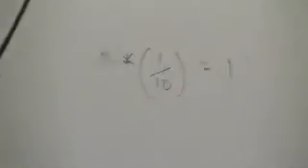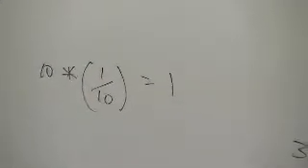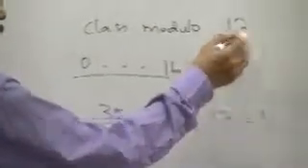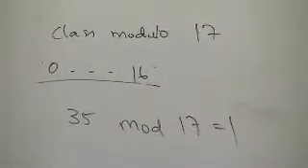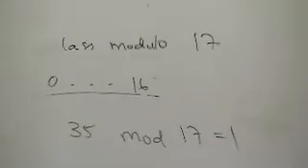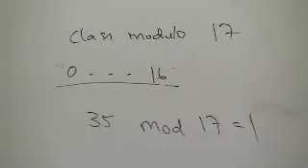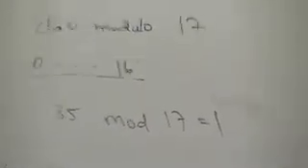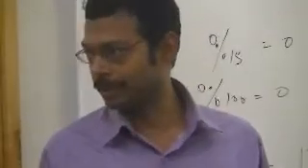Now here again, in modular arithmetic, we don't work with fractions. We always work with the real integers, the whole numbers. So what we mean by modular multiplicative inverse is in the modular arithmetic context.